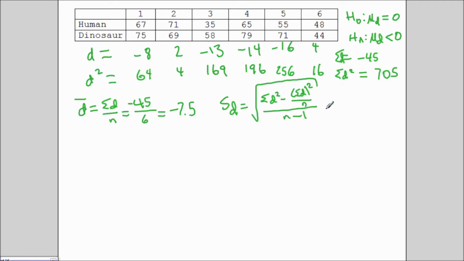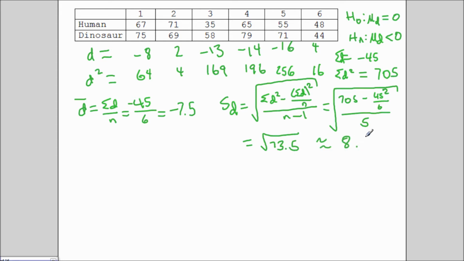That'll be equal to the square root of 705 minus 45 squared divided by 6, over 6 minus 1 which is 5, and that will get us to basically the square root of 73.5, which is approximately equal to 8.57, rounded off to 2 decimal places.